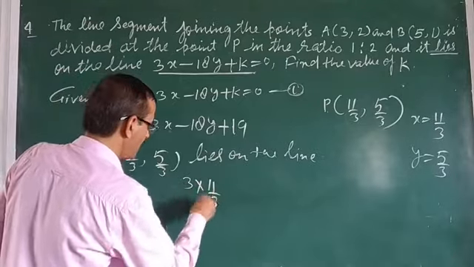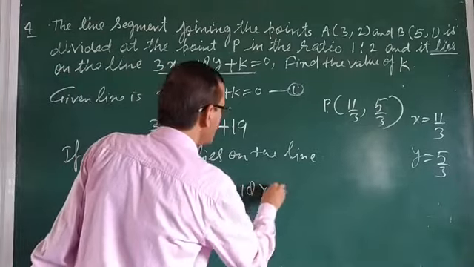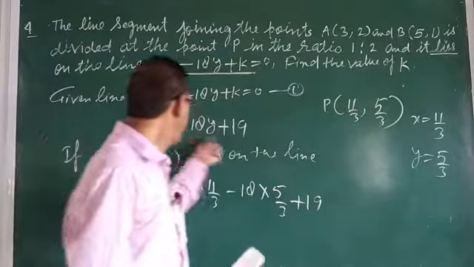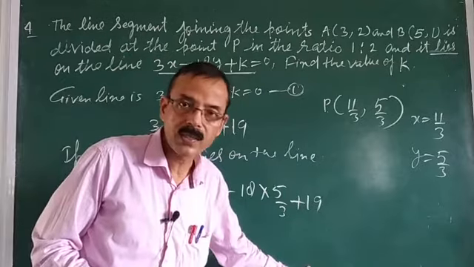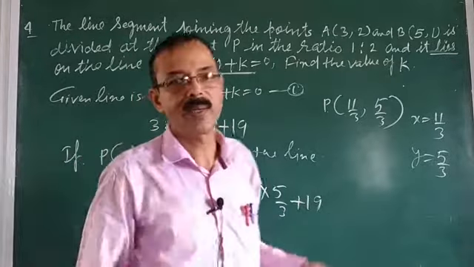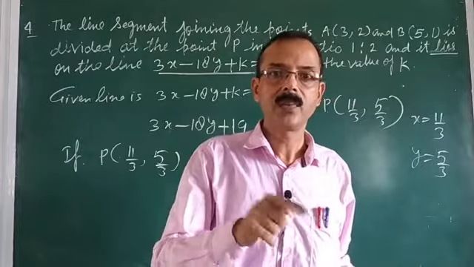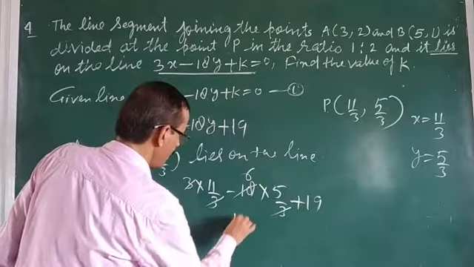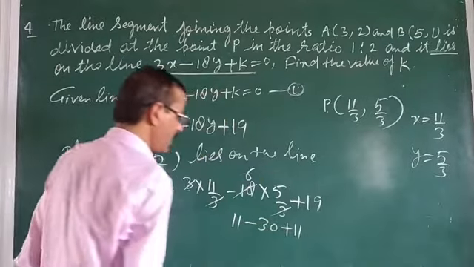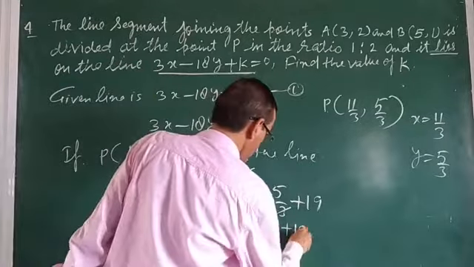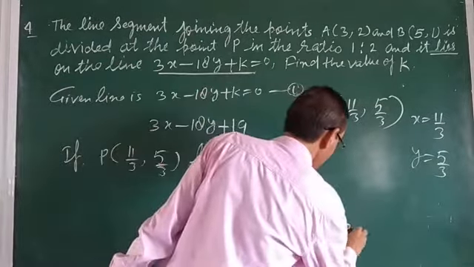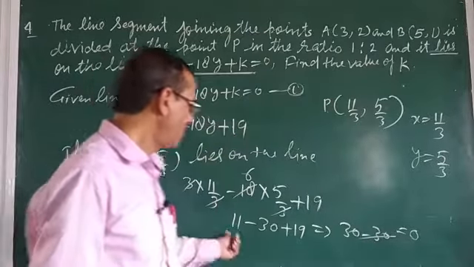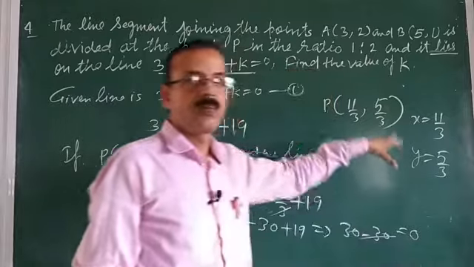3 into 11 upon 3 minus 18 into 5 upon 3 plus 19. We put all the values of x and y in it. What answer should come? 0 should come. If 0 comes, it satisfies. It means P lies on that. Then what will we say? P lies on it. 3 and 3 cancel. 3 sixes are 18. 11 minus 30 plus 19. 11 plus 19, what will that be? 30 minus 30, what came? Equal to 0. So our aim is completed here. It means P lies on it, hence proved.